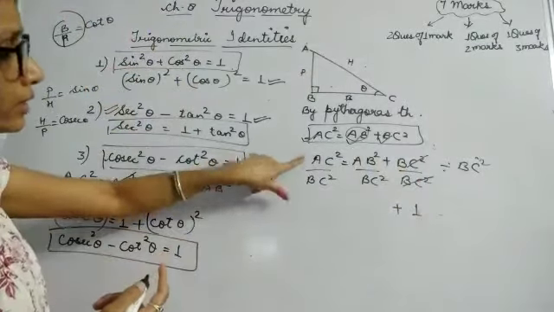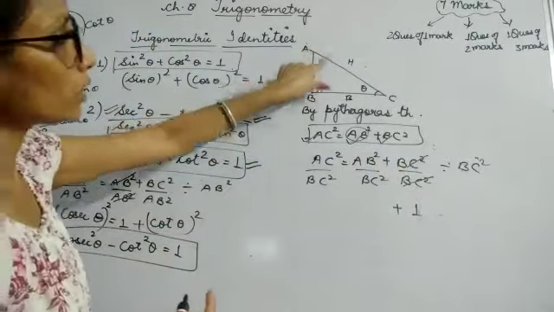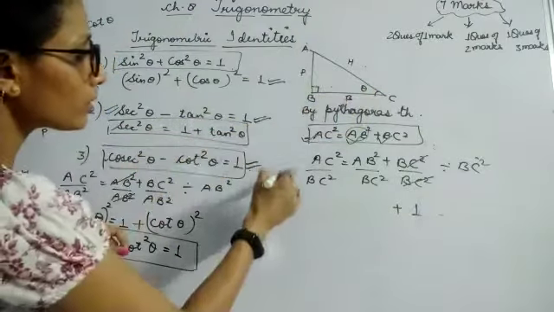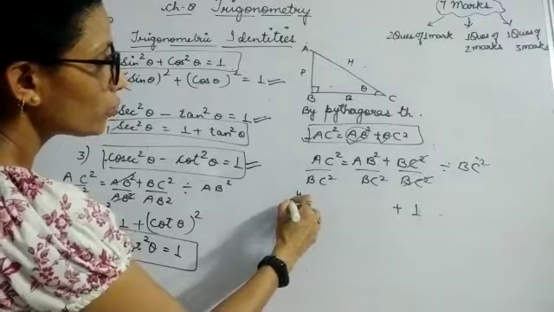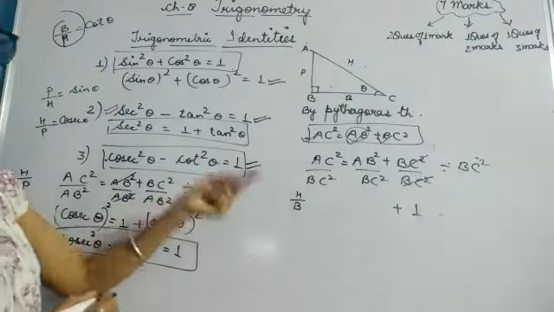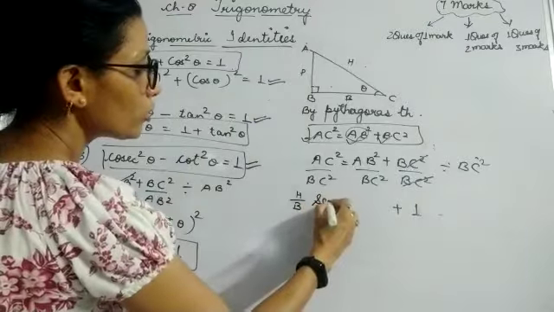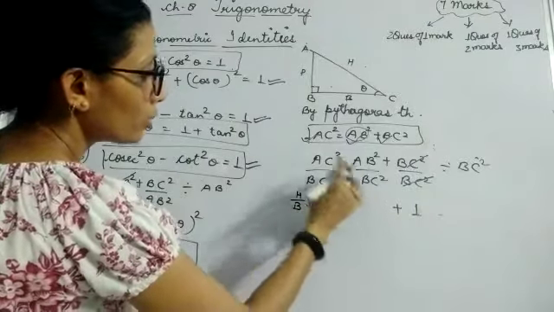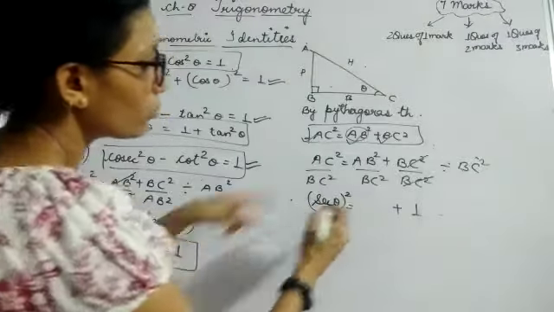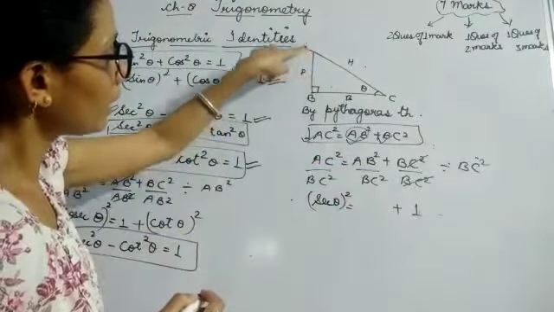Now this is AC upon BC. AC is what? Hypotenuse. BC is what? Base. That means this is hypotenuse upon base. And hypotenuse upon base is what? Reciprocal of cos theta, which is your sec theta square. So in place of this I have written sec theta square equal to AB, AB is what?